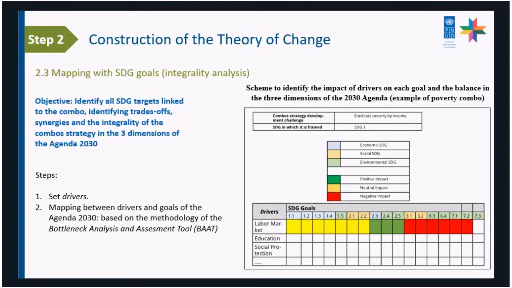So what we find is when you try and map some of these drivers, for example, like we see here, labor market, education, social protection, what we'll see mostly is positive impacts, and then a lot of neutral. So there are a lot of targets which just don't seem relevant to some of these drivers. But it can also have negative impacts.